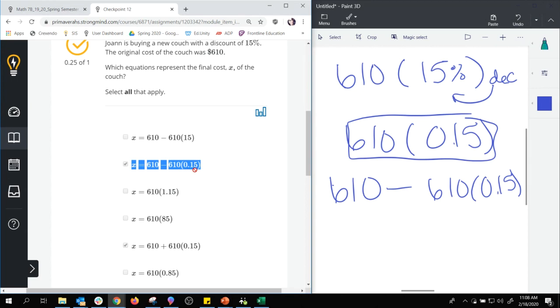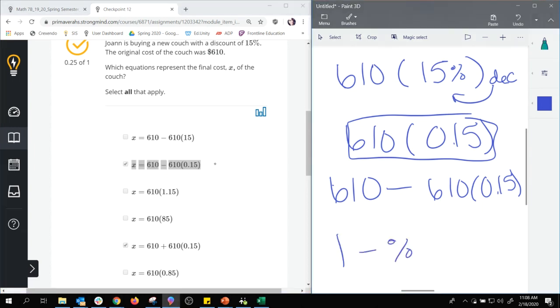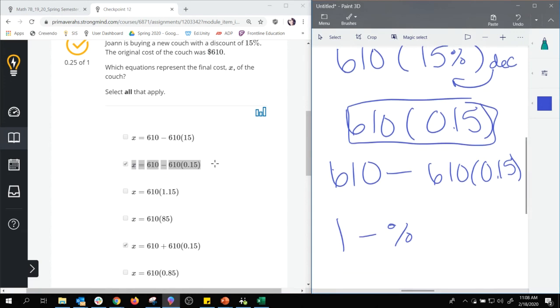And then there's one other one. Now, remember, I think it was in lesson 11, where if we had to decrease, we would take 1 and subtract it by our percent, right? Our percent in this problem is 15. So if I take 1 minus 15% as a decimal, which is 0.15, I get 0.85.